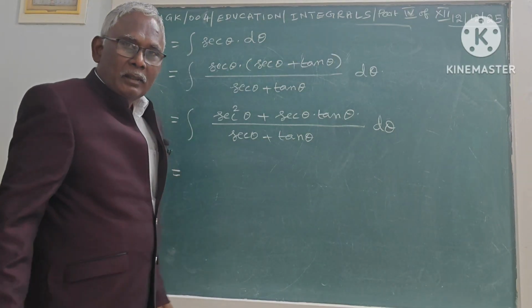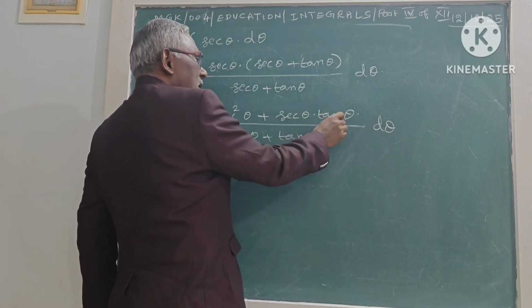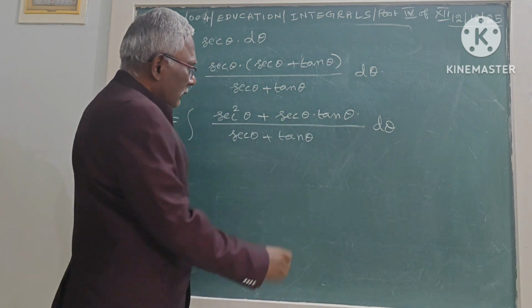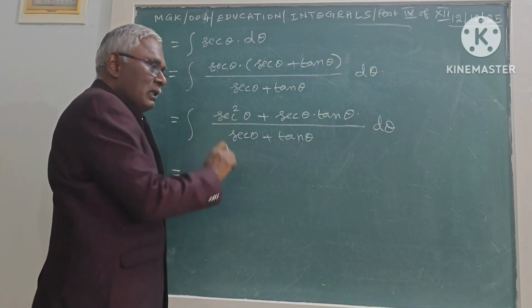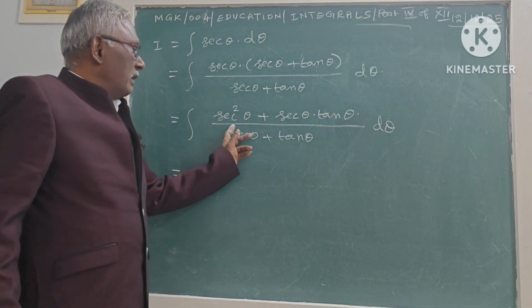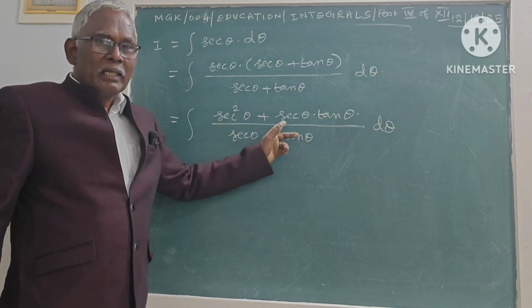Now, if we differentiate secant theta, what will come? Secant theta tan theta comes. Plus, if we differentiate tan theta, secant square theta comes. So if we differentiate this denominator, we are getting the numerator.